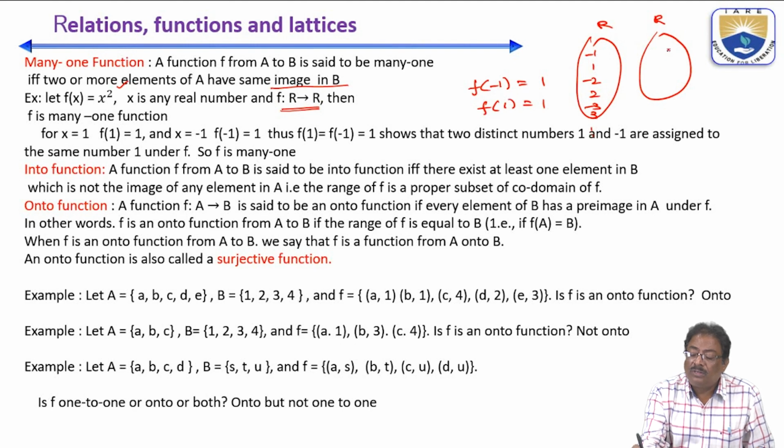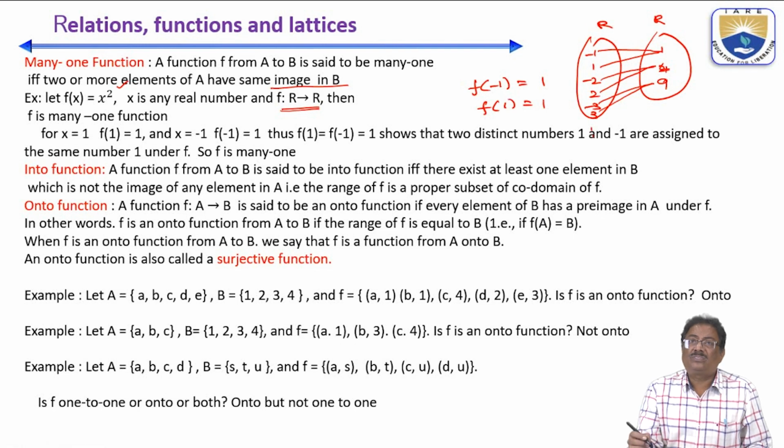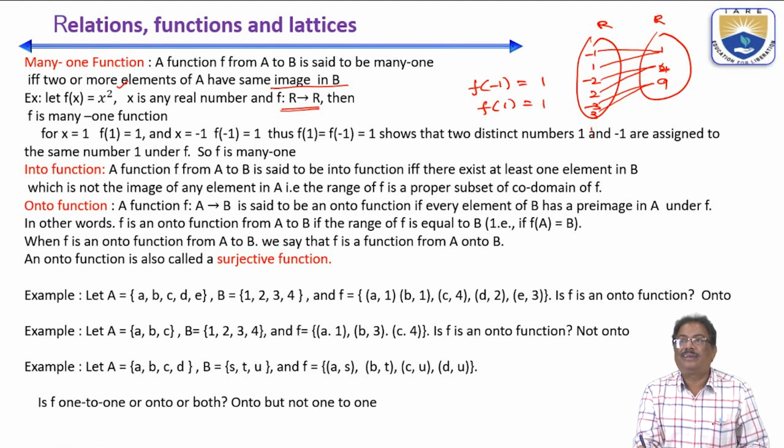Like that it will move, and here it is going to map more than one element to the same image. Minus 1 and 1 are mapped to 1, minus 2 and 2 are mapped to 4, and minus 3 and plus 3 are mapped to 9. Such a function we are calling a many one function.